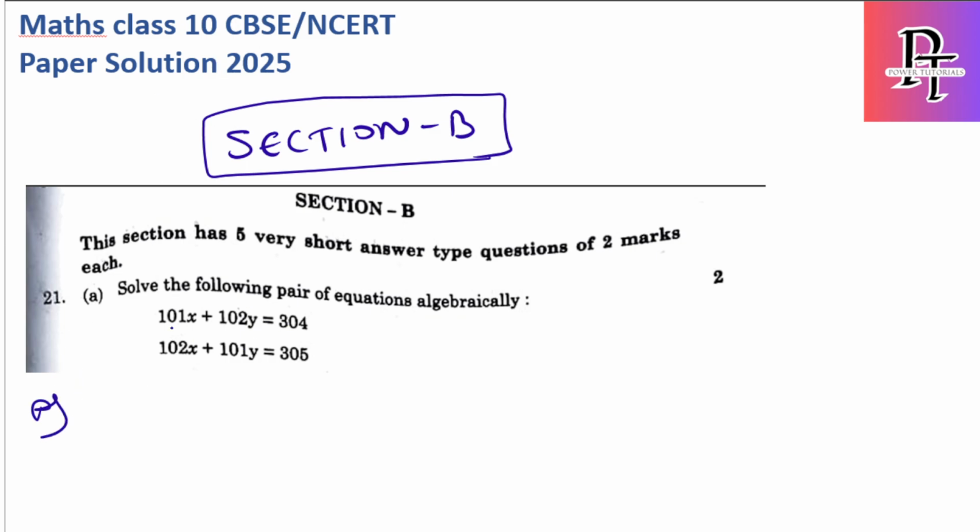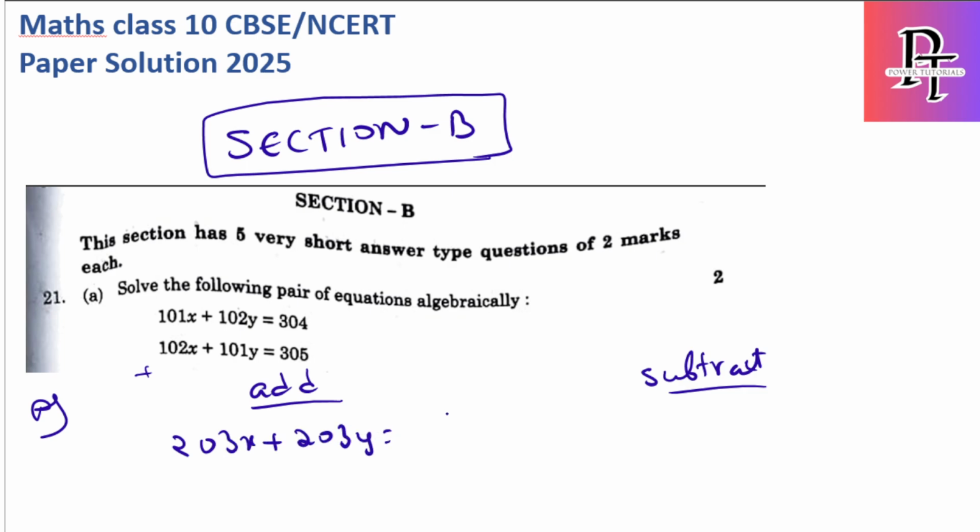For this type of question, if you see here 101, 102, 102, 101, what you have to do is first add both and subtract separately, and then use those two equations. If I add these two, I get 203x plus 203y is equal to 305 plus 304, which is 609.